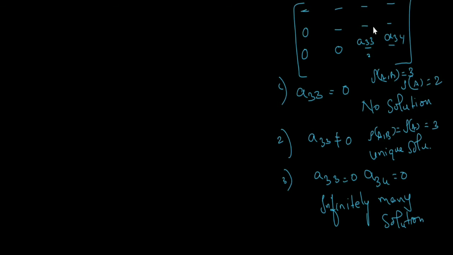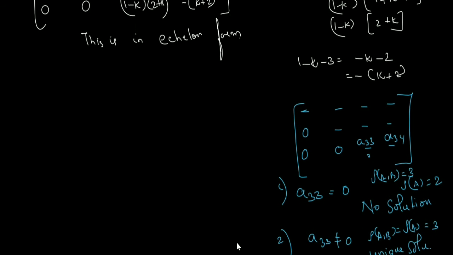And rank of A also, if you take this matrix alone, is 3. If both are 0, then rank of A is equal to rank of AB is equal to 2. In that case, you get infinitely many solutions.